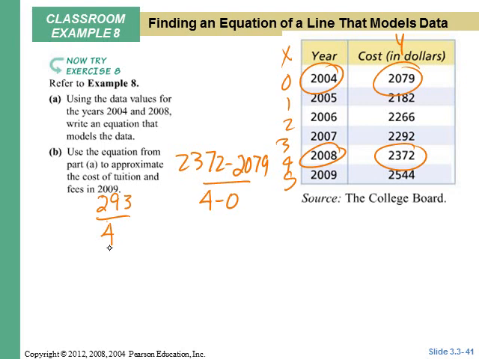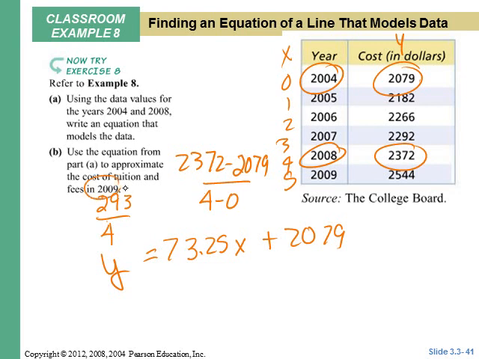Over 4, which is 73.25 x. And then the intercept is plus 2079. Y equals 73.25 x plus 2079.